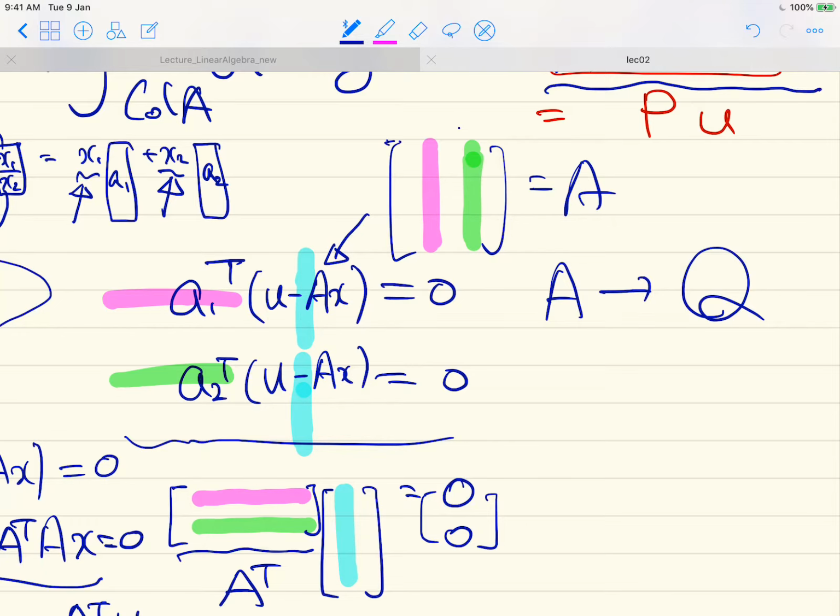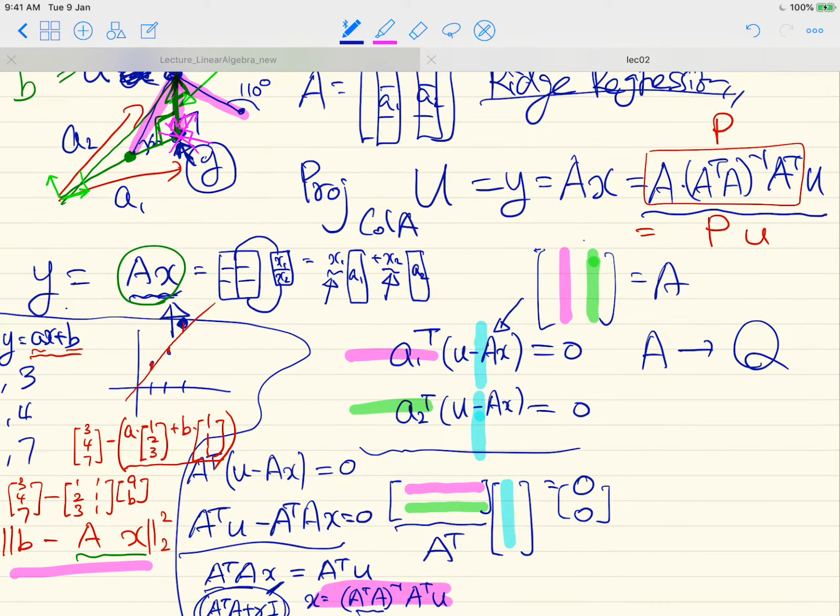Plugging this Q in place of the A in this orthogonal projection formula, they should be the same. Once we obtained Q from A through Gram-Schmidt, we can guarantee that the projection point will be the same, right?